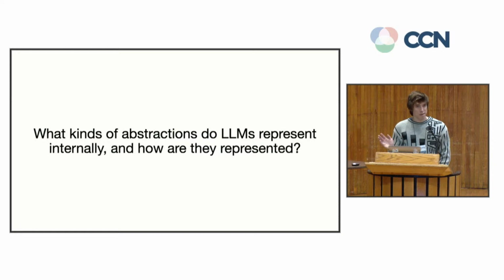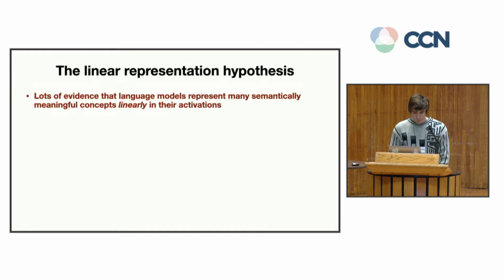Okay, so that brings us to the motivating question of this talk, which is, what kinds of abstractions do large language models represent, and how do they represent them? To answer this question, we have to make some educated guesses. One of those guesses is the so-called linear representation hypothesis, the claim that neural networks represent semantically meaningful variables linearly in their activation space.